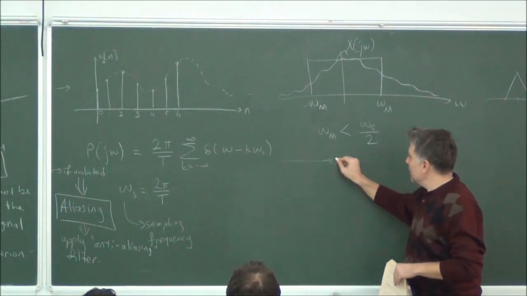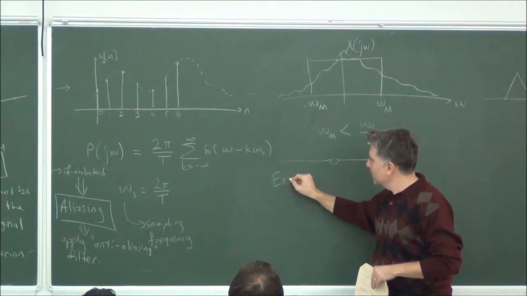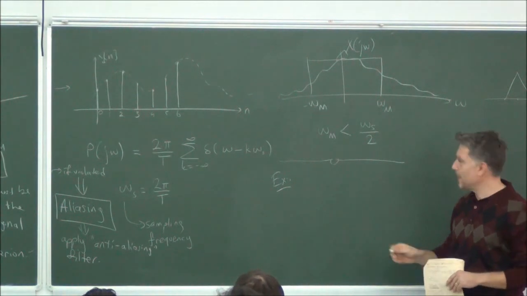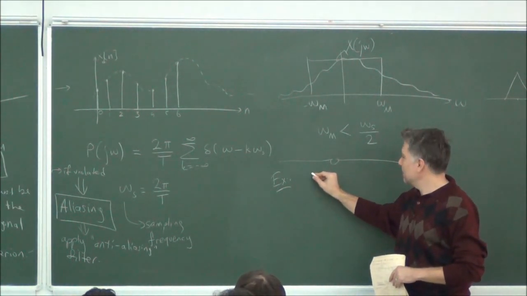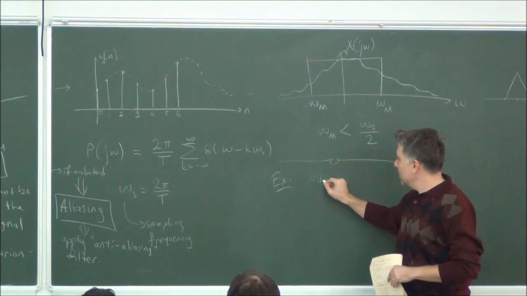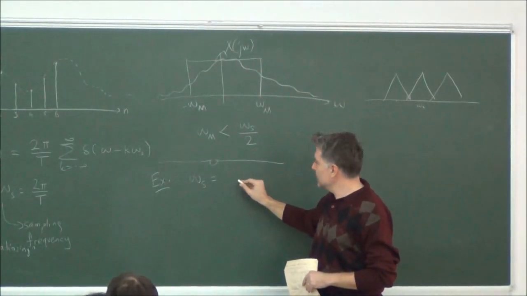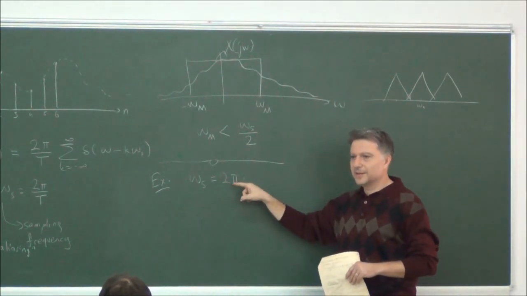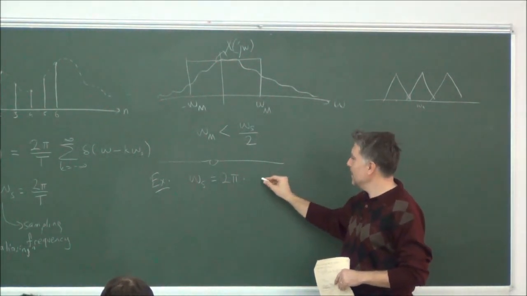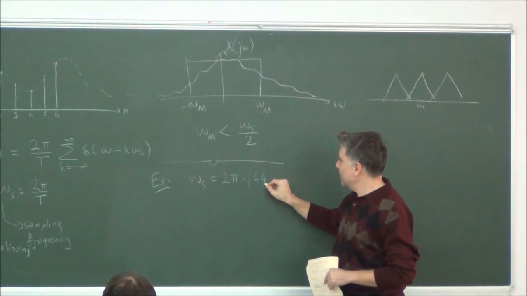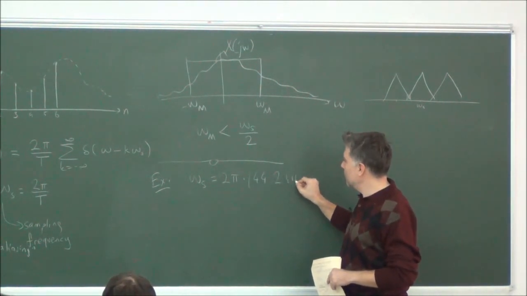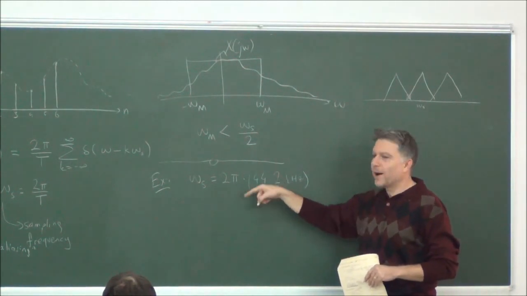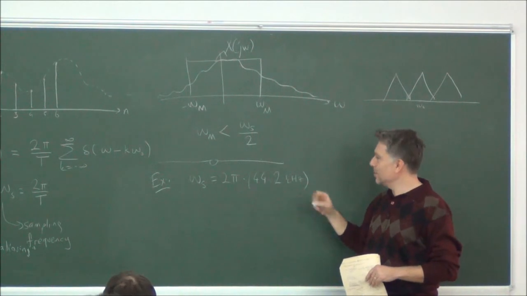Let's give you an example. The analog to digital converters in audio systems are sampling at a sampling frequency of 2 pi times, since it's in radians, that's why I'm saying 2 pi times, 44.2 kilohertz. So 88.4 pi radians per second is applied.